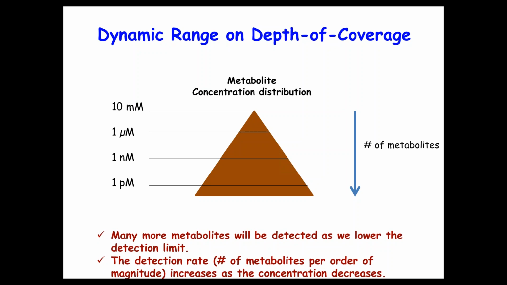So it is very rewarding to increase the dynamic range, particularly by reducing the detection limit. Many more metabolites will be detected as we lower the detection limit. The detection rate, that is the number of metabolites detected per order of magnitude of concentration, increases as the concentration decreases.